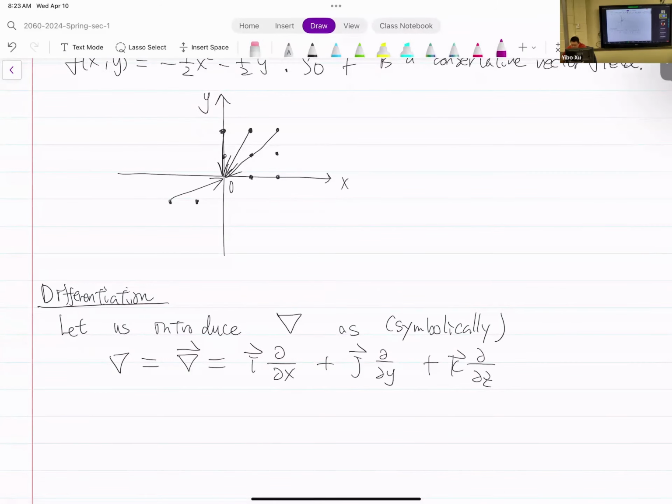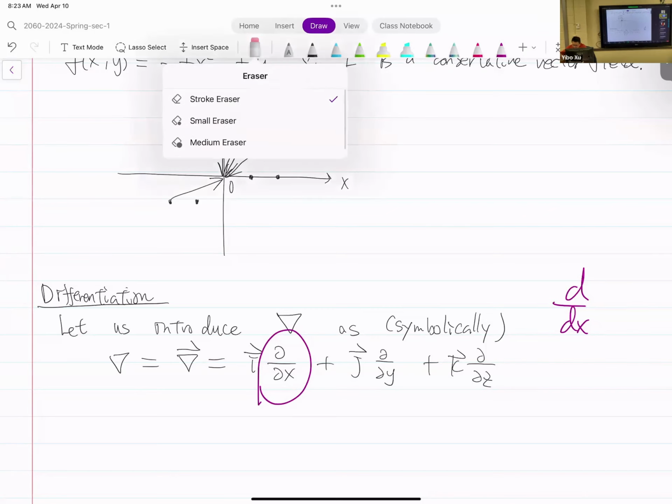So basically, if you remember, if you have something like d/dx, this is saying I'm just differentiating whatever follows with respect to x, right? And for the curly del x, it's saying for whatever function follows, you will just do the partial derivative of x.